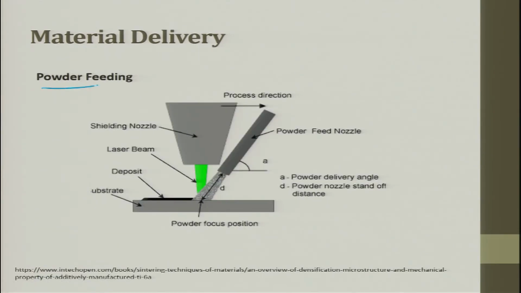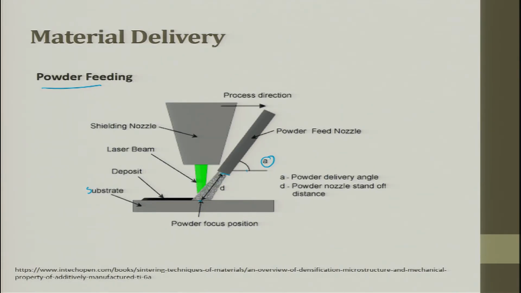So, powder feeding. If you see, this is the shielded nozzle, this is the laser beam, and when the laser beam is on, you are feeding the powder from here. So, powder melts and it gets deposited. This is a substrate, and the powder feeding position, you can see, is at an angle A. A is the powder delivery angle, and D is the powder nozzle standoff distance.